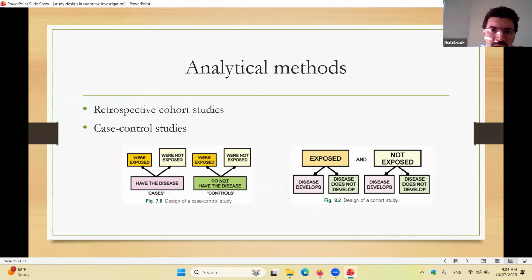But usually the main designs are retrospective cohort studies and case control studies.